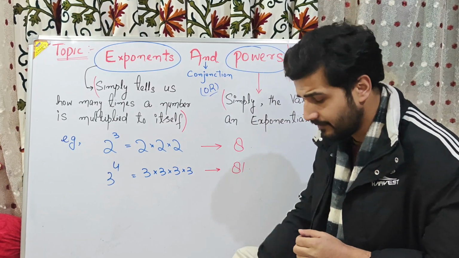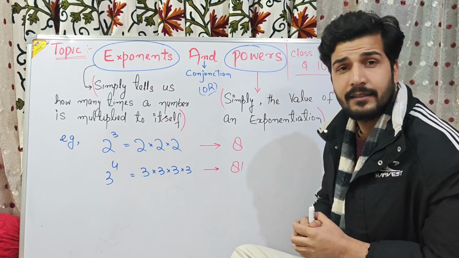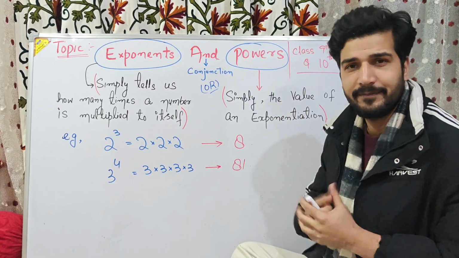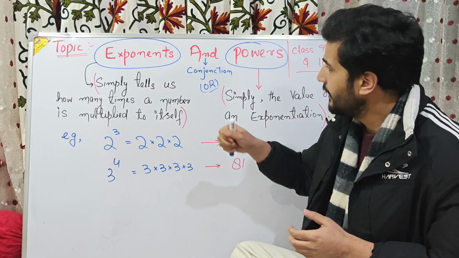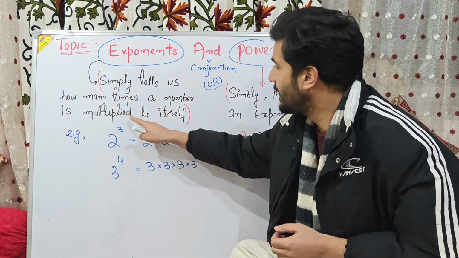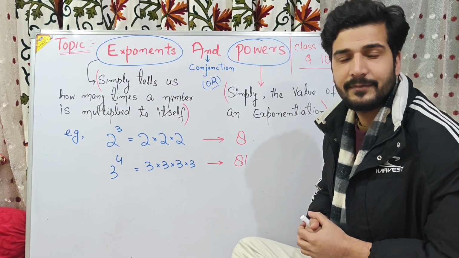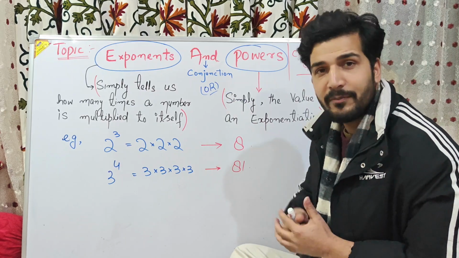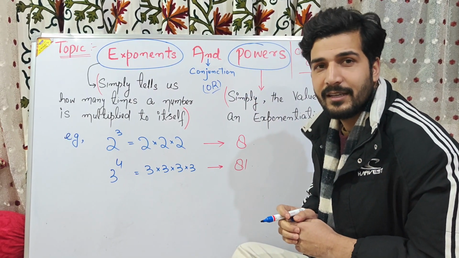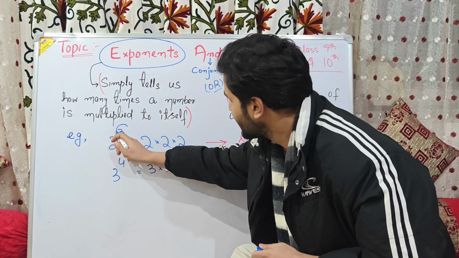So what is the exact definition of an exponent? From exponent, what do we mean? It simply tells us how many times a number is multiplied by itself. Let's take an example: 2 raised to the power 3. What is the exponent here?